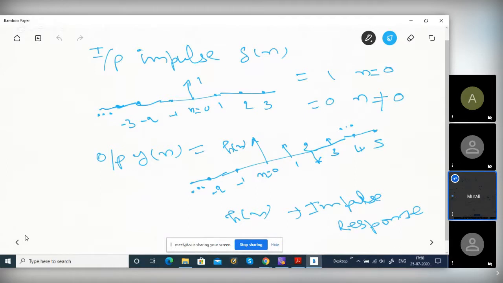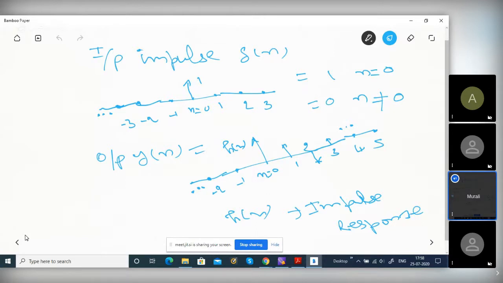What is this system called? Finite impulse response, because the number of samples in h of n is finite. Here only samples 0, 1, 2, 3 are non-zero; at 4, 5, etc. and minus 1, minus 2, etc. it is 0.